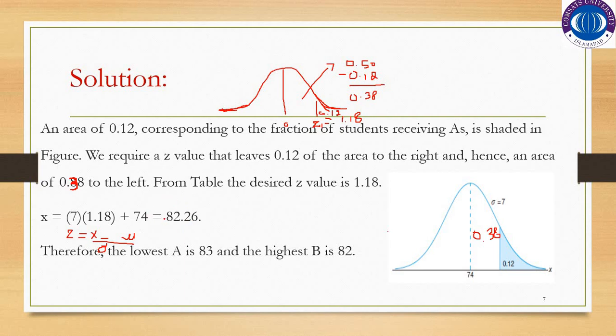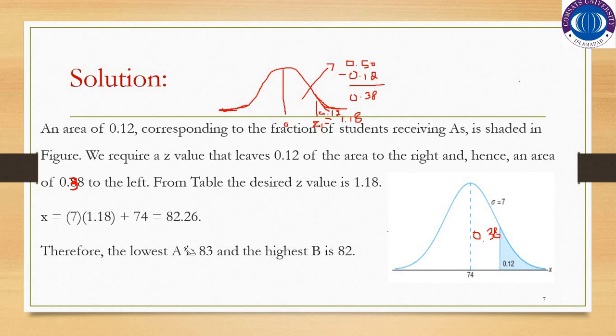By simplifying this, you get X is equal to 82.26. Therefore, the lowest A is 83 and the highest B is 82.